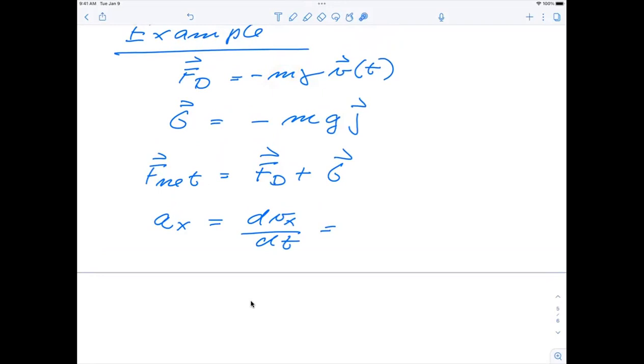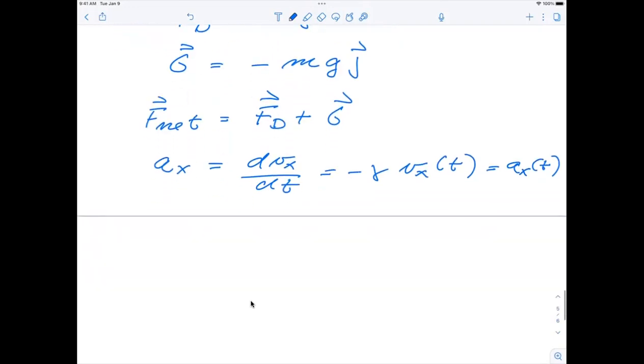And what we are going to get is minus gamma times v of x as a function of time. And this is going to be our a of x function of time here. So this expression here is actually something which depends directly on the velocity. And this quantity which you see is something which we can easily integrate up here.